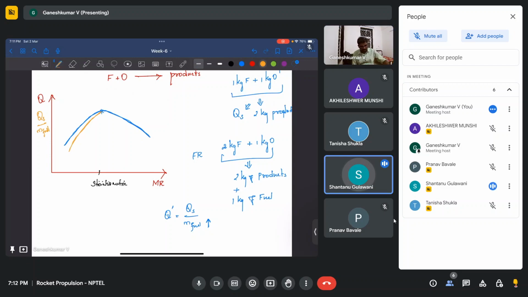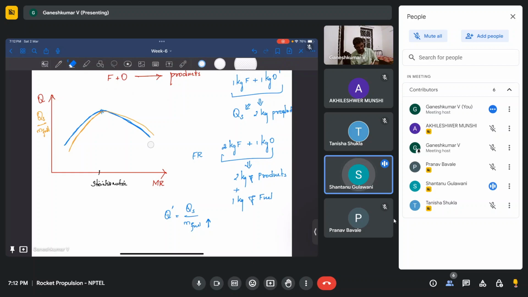No, the Q will remain the same, because the additional mixing ratio will increase, but the Q will remain the same. But why is it so? Q plus M will decrease. The trend that you showed now is, I think, for Q per mass of fuel reactants. So you mean to say something like this?